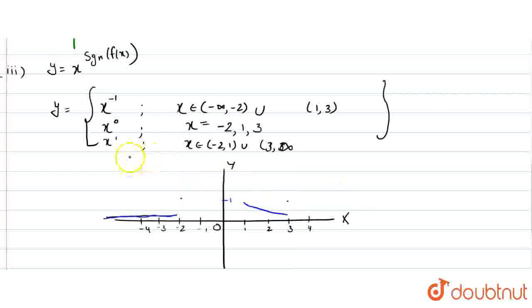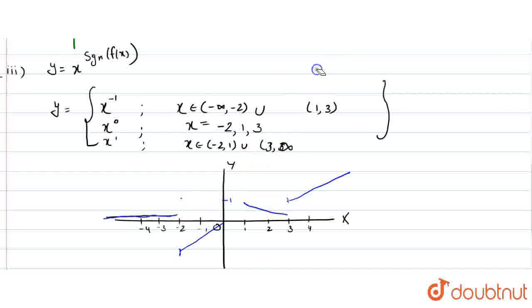And for x from -2 to 1, the graph would be like this. It is the inverse from -2 to 1. So the graph is like this. Here it is an open interval, right? Wait a minute.